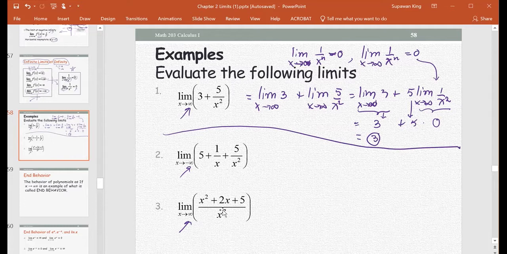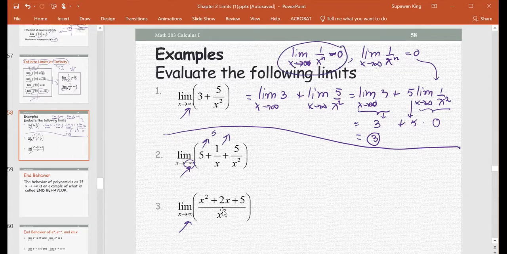All right, we have 1, 2, 3 terms for number 2. And limit as x approaches negative infinity. That means when x gets very large on the negative side, what happens to each term? What happens to the 5? It's approaching 5. What happens to 1 over x when x approaches negative infinity?